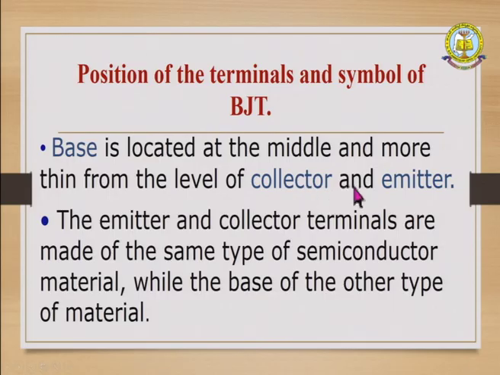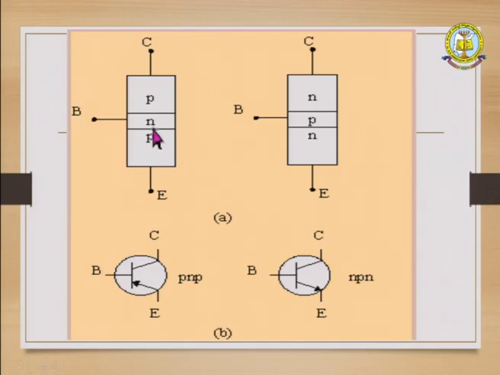Look at this diagram: this is a PN junction, and here is also a PN junction, with the base, emitter and collector. Here is PNP and here NPN, with base, collector and emitter. This is the block diagram.